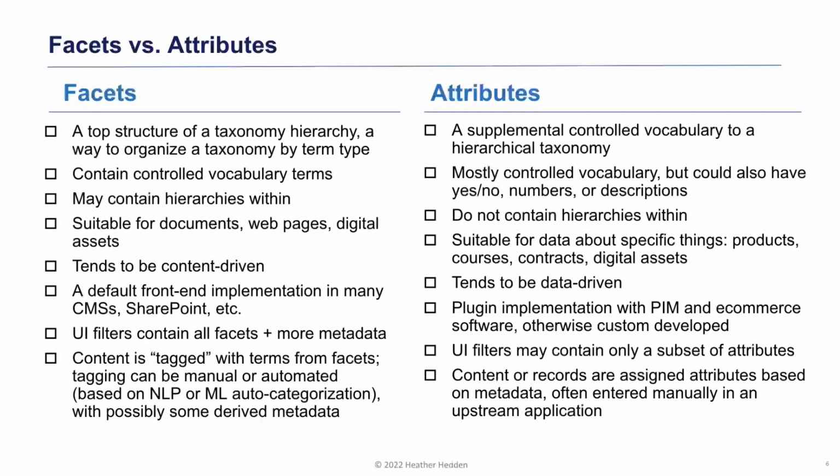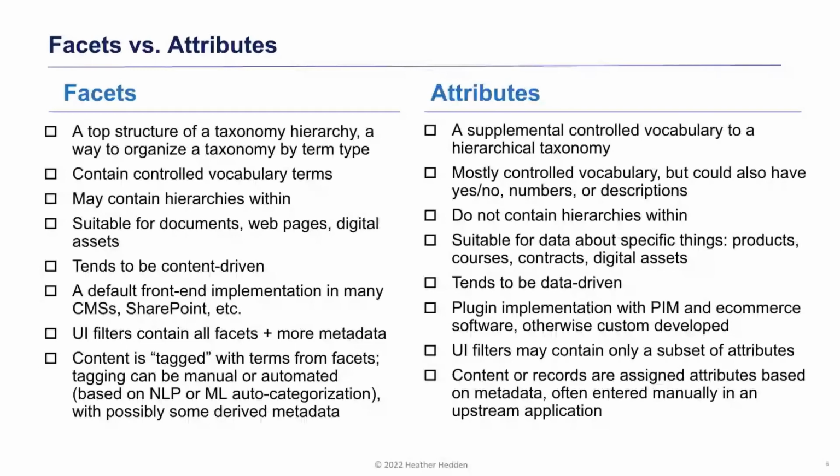Attributes are then supplemental to a hierarchical taxonomy, but they are usually a controlled vocabulary too. So facets contain controlled vocabulary terms, but attributes often do, but they don't have to. And you asked about that. So for example, yes/no, I don't call that one. Having numbers or dates or descriptions. You can even have a description as an attribute.